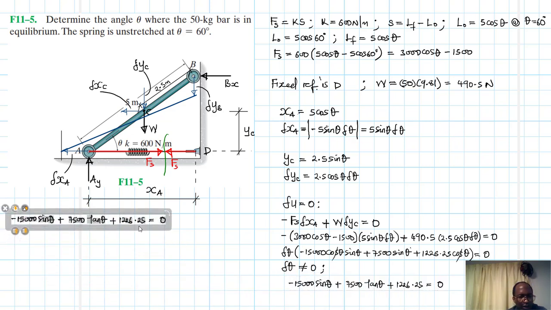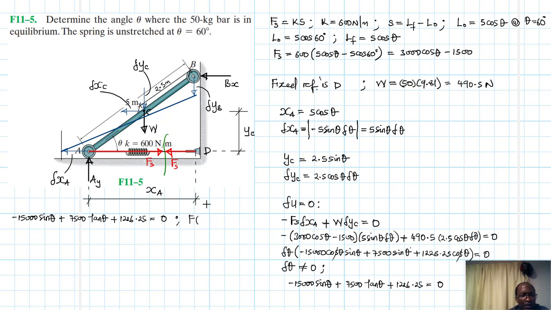So let me take this equation here like so. Now what I'm going to do is say this will be my function, expressed as a function of theta.